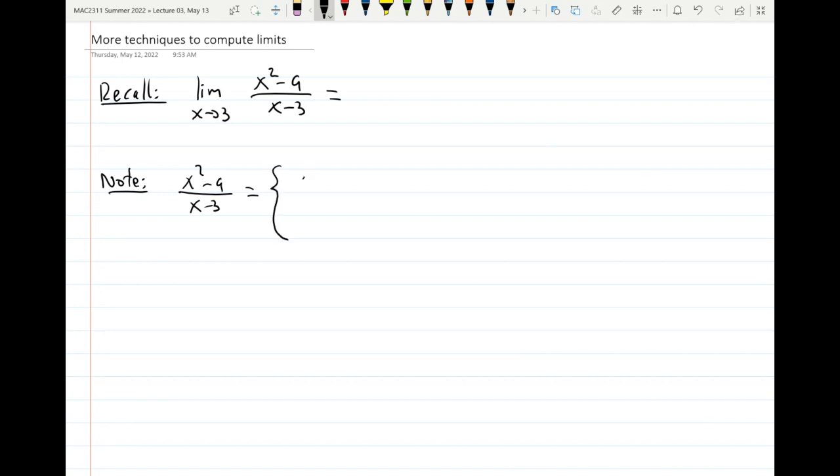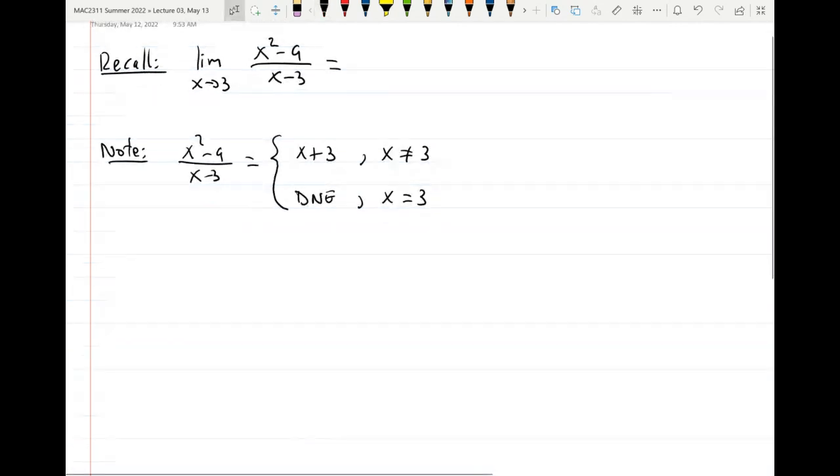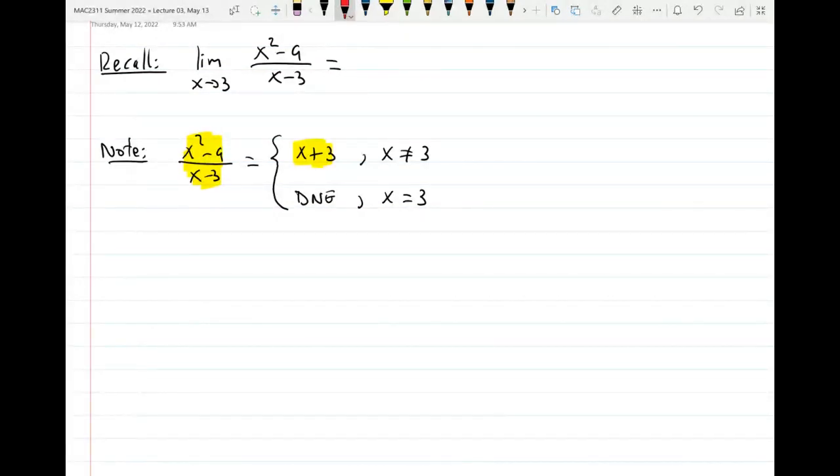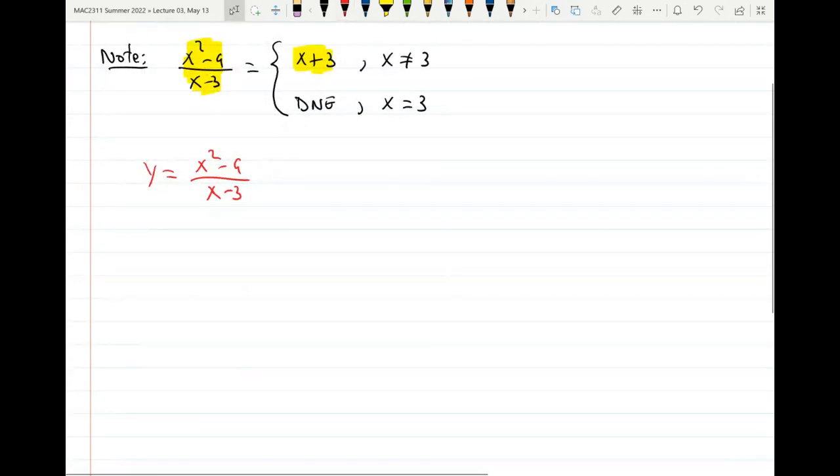We saw that this is equal to the function x plus 3 as long as x is different than 3. That happens by just factoring and simplifying, right? And then it does not exist when x is 3, which means that what I want you to pay attention to is when I compare this function versus this function. Okay, so our function y equals x squared minus 9 over x minus 3, this is how it looks.